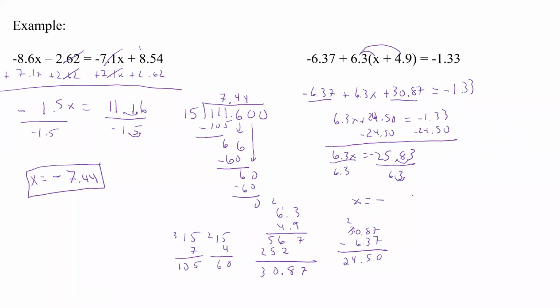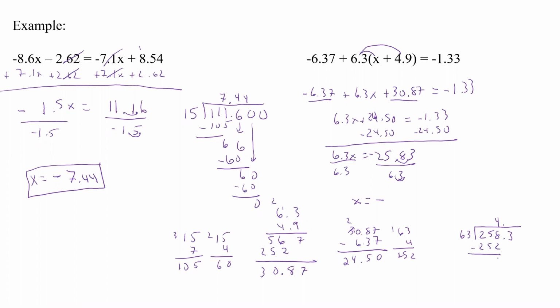All right, so now I'm going to take 63 into 258.3, put my decimal there. Now 6 times 4 will give me 24, so let's take 63 times 4, so that's 12, 24, 25, so that looks good. So that's going to be a 4. That's 252.